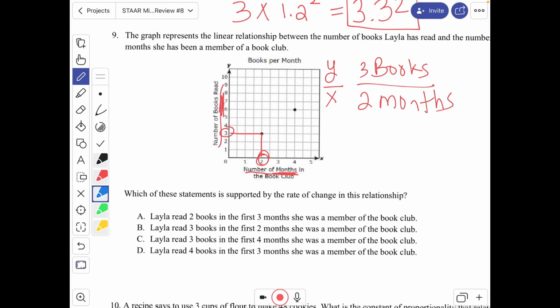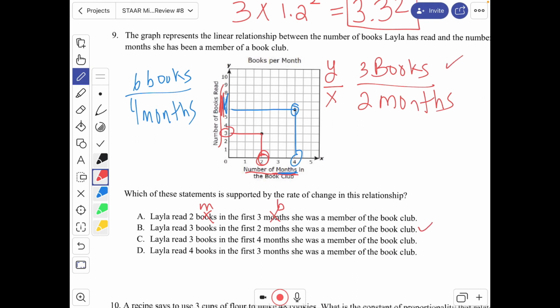The next dot they have on there is 6 books and 4 months. So choice A says Layla read 2 books in the first 3 months. Nope, looks like they mixed up the labels. The next one says 3 books in 2 months. That one is what we have.